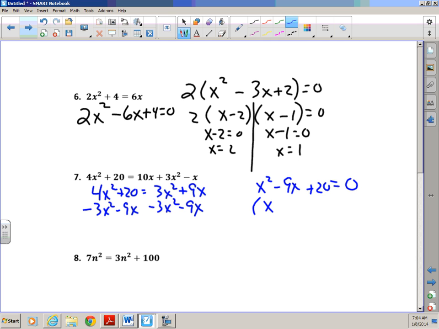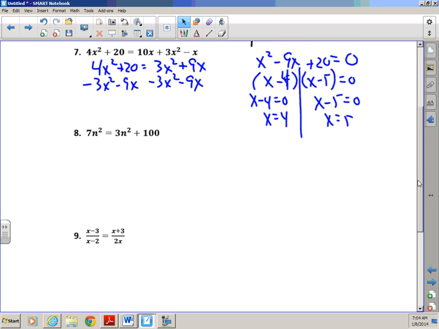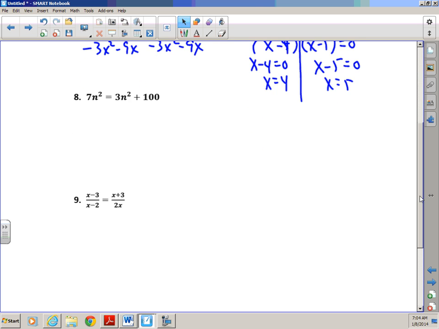And then I'll factor that as x minus 4, x minus 5. And it helps to write what I'm saying. Okay. And the last two, I'm going to subtract 3n squared and 100 on both sides.